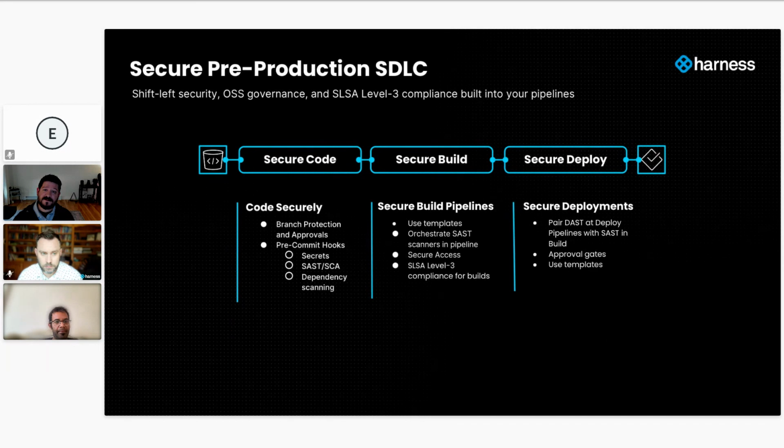These three pillars have been useful ways for us to think about software security internal to Harness. These have also been useful constructs for us as we talk with our customers about best practices and how those can be solved using the Harness platform.